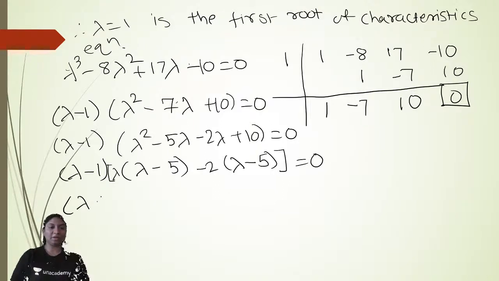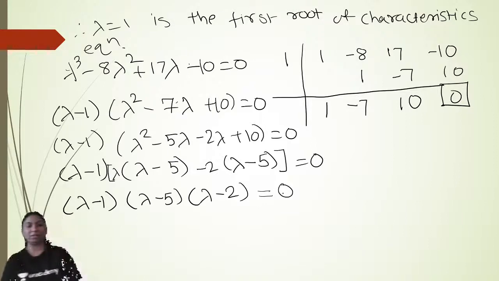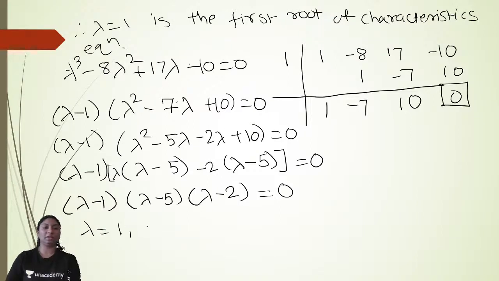So lambda minus 1 into lambda minus 5 into lambda minus 2 is equal to 0. Okay. Now therefore the roots of this equation are lambda is equal to 1, lambda is equal to 5 and lambda is equal to 2.